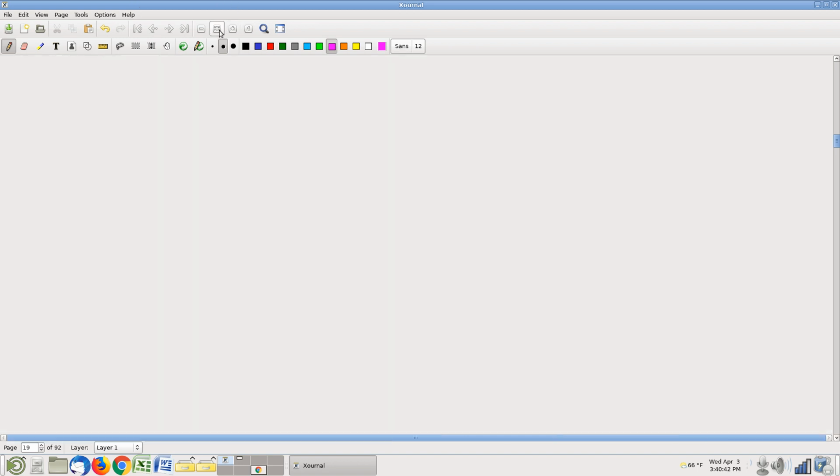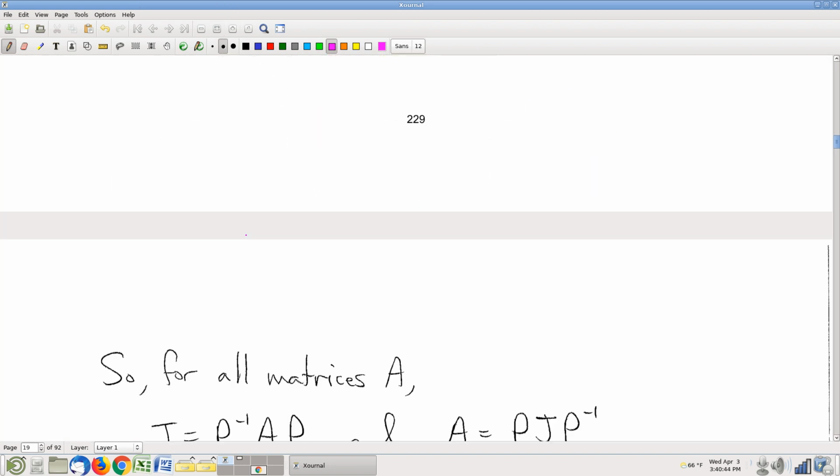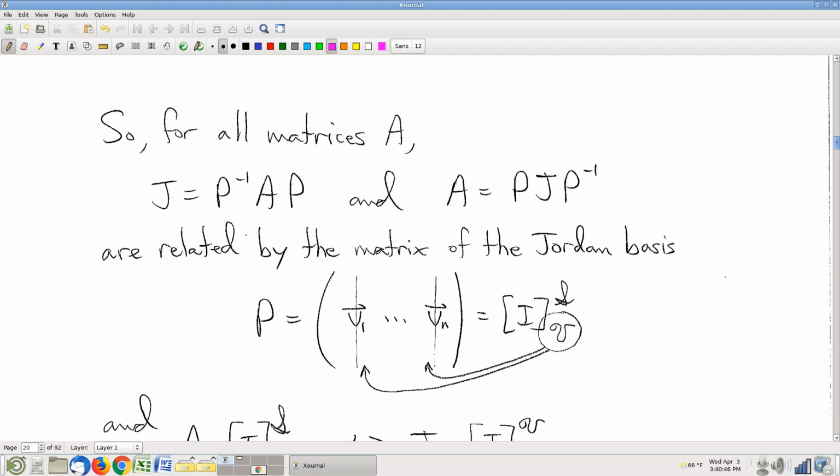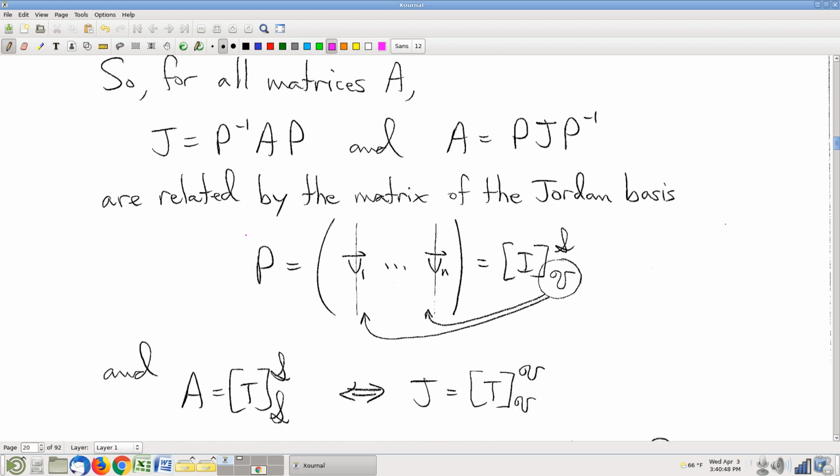Don't forget what we were doing. We were trying to diagonalize. The whole point of diagonalizing is that we're trying to understand a linear transformation. That means we're doing change of basis, because it doesn't change the underlying linear transformation. So we're talking about change of basis, similarity, conjugation, however you want to say it.